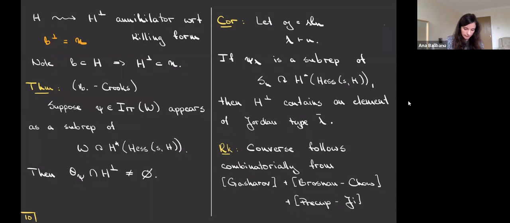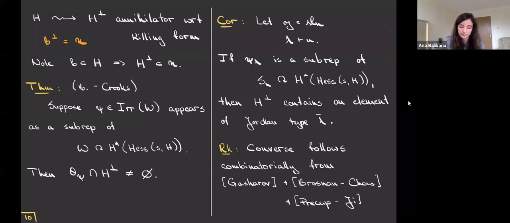And our first theorem is that if an irreducible representation of the Weyl group appears in the action of the Weyl group on the cohomology of this Hessenberg variety, then this nilpotent orbit intersects H perp in some element. So H perp contains some nilpotent element that belongs to this orbit.